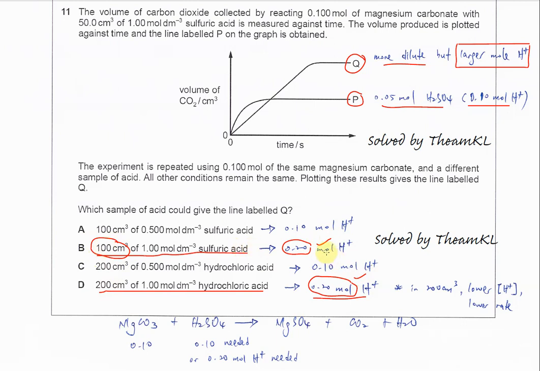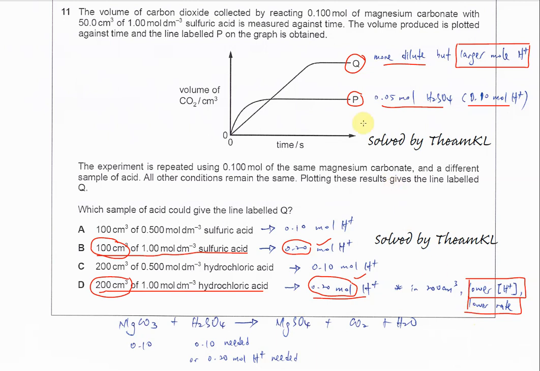So it means the concentration of H plus here is more than D. So for D, the amount of H plus is now in a larger volume, which means the concentration of H plus is lesser and the rate is slower, right? Slower.